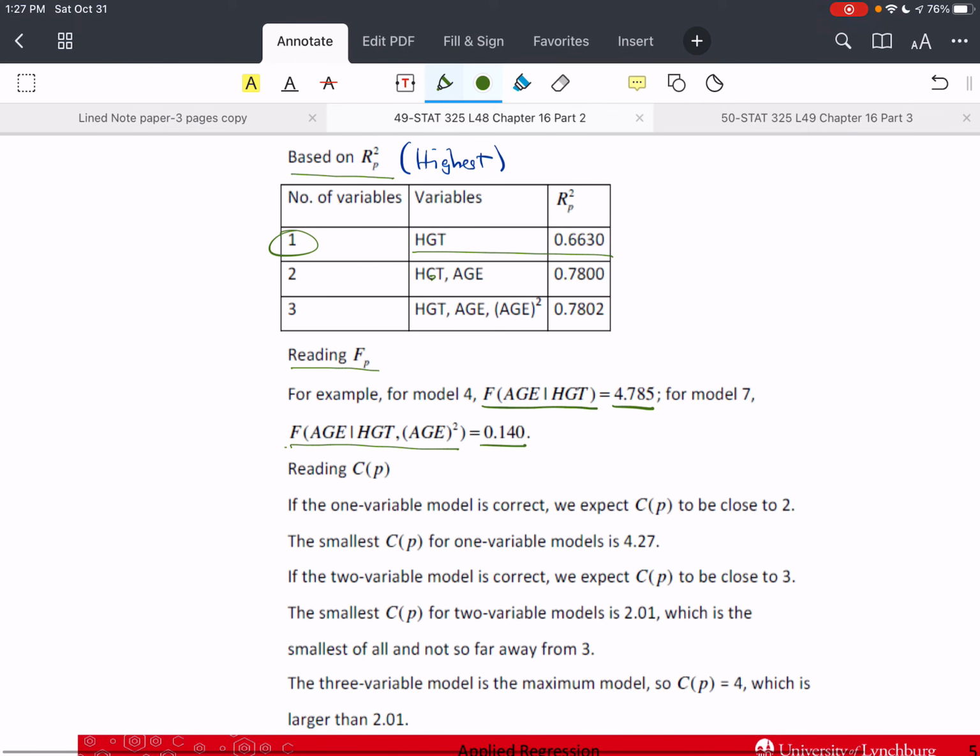That indicates more statistical significance, if you will. And then when we're reading Cp, I've already gone over this, but you might want to take a look at this and make sure that this makes sense to you. I just did an ad hoc explanation, but here's the formal explanation of the book.